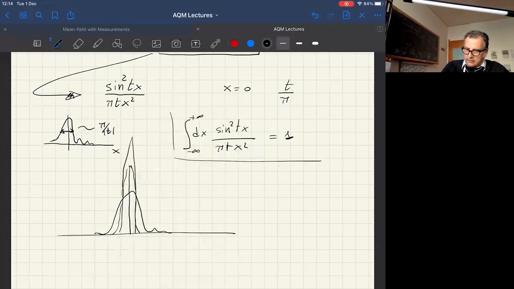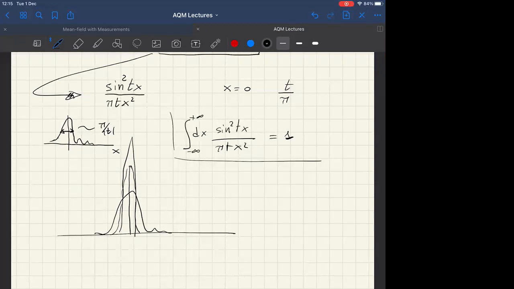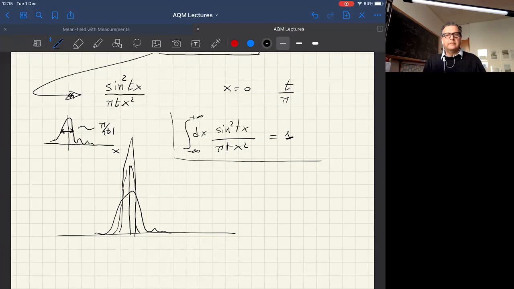Just a moment, see? Sorry, Prof. Why is it always equal to 1? You have to do it. Oh, okay. So if you do it, then okay.